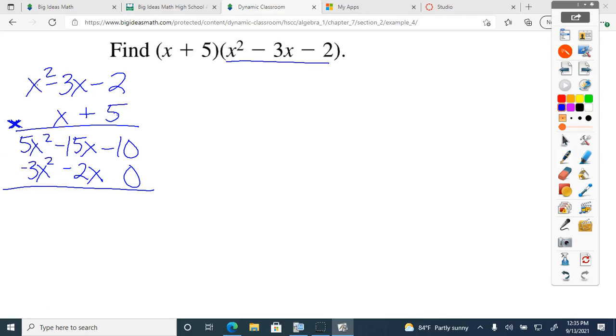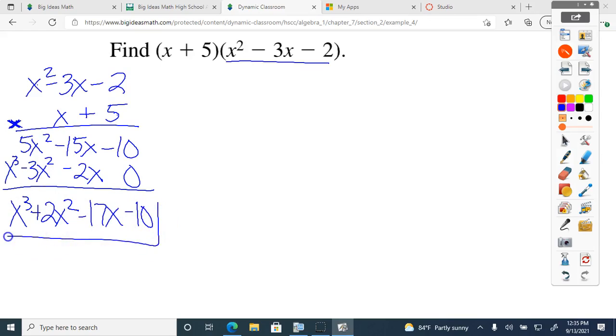And x times x squared is x to the third. So add these up. We get x cubed plus 2x squared minus 17x minus 10. And it is in order. You always need to write your answer in standard form. So that's the vertical way of doing it.